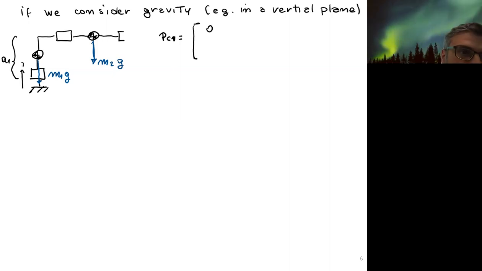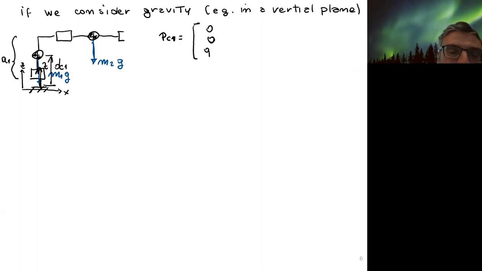This was the z-axis. This was the x-axis. The position of center of mass 1 has zero component on the x, 0 on the y, and on z, q1 plus a constant value with respect to the joint frame.